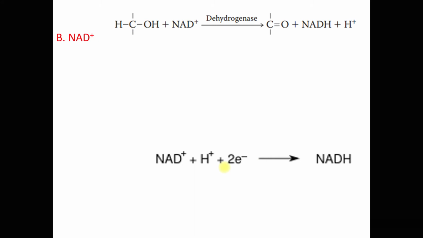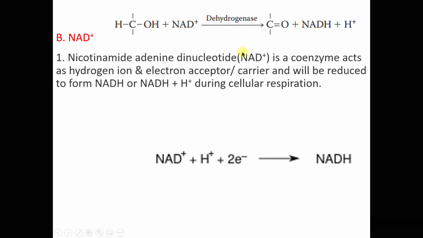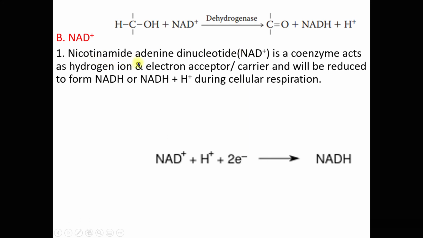All right, the second energy carrier, NAD plus. NAD plus is nicotinamide adenine dinucleotide, and this NAD plus is a coenzyme that acts as a hydrogen ion and electron acceptor or carrier, and will be reduced to form NADH or NADH with hydrogen ion, or NADH with proton, during cellular respiration.